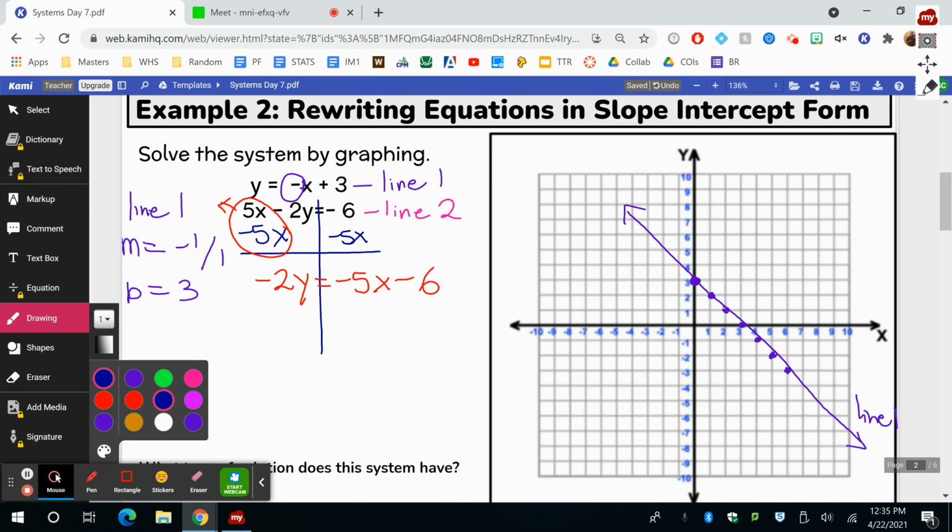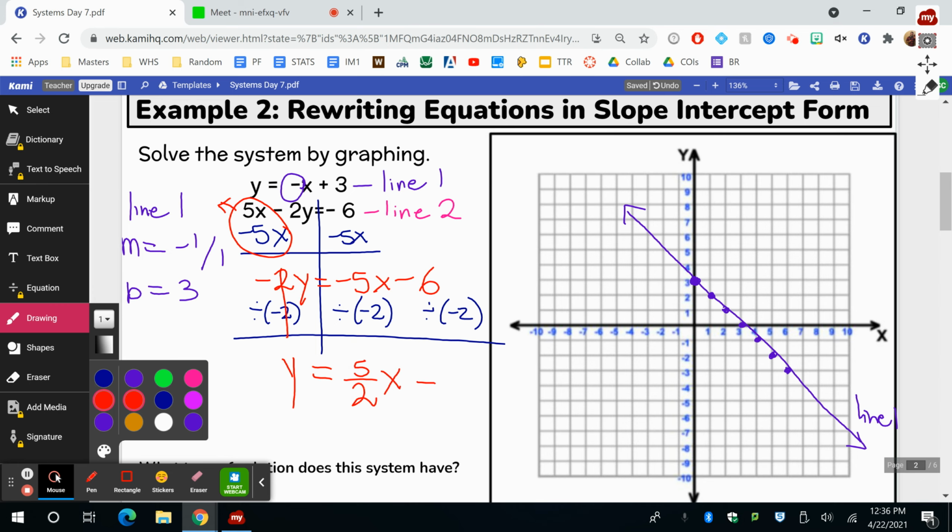At this point, I need to get rid of the negative 2, so I'm going to divide every single term by negative 2. And that gives me, that goes away, so y by itself, and I have 5 over 2x plus 3.